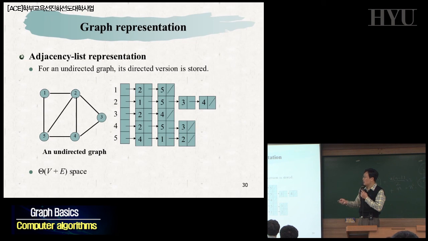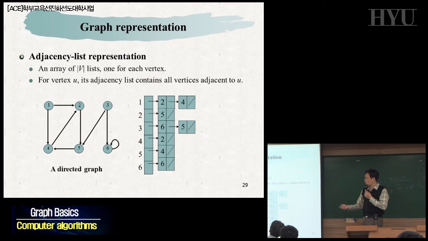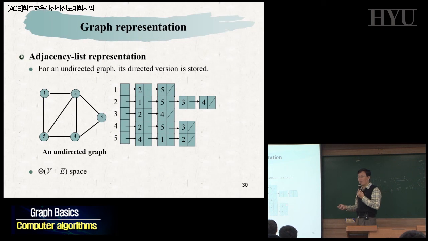Then it is the number of edges multiplied by 2 in this case. Or if it is this, then it is just V plus E. In this case, V plus E with the number of edges multiplied by 2. But asymptotically, they are the same, V plus E.